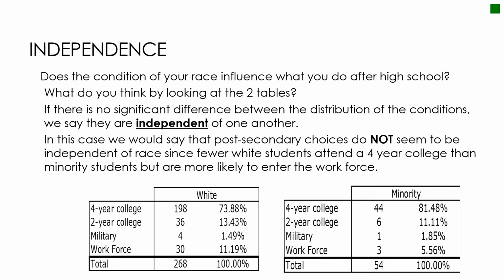Essentially what we're asking is, when we're looking at independence, we're looking at 2 or more categorical variables, and we're saying, does one of those variables affect the outcome of another variable?